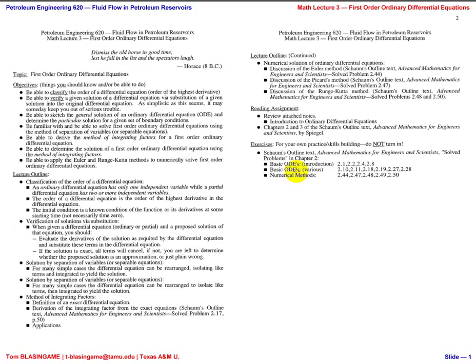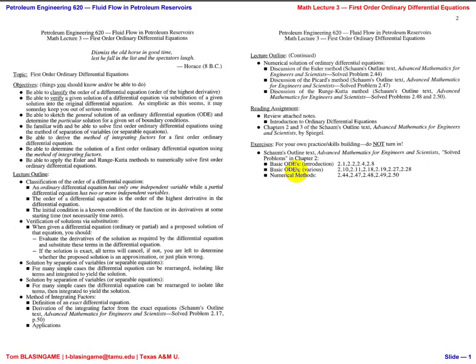We're going to cover two topics tonight, both related to differential equations. The first topic is the solution of some cases for ordinary differential equations.